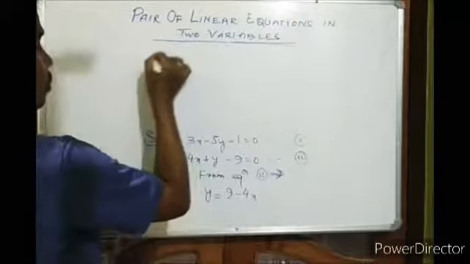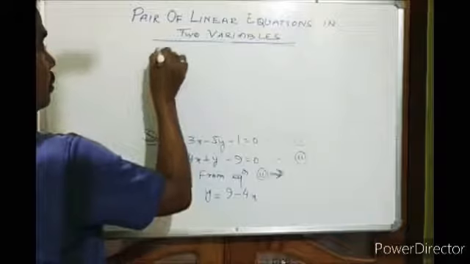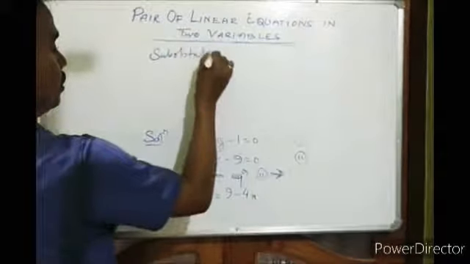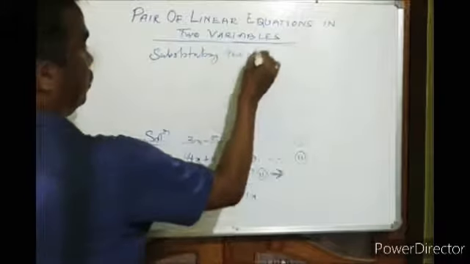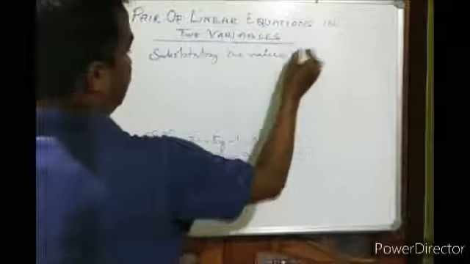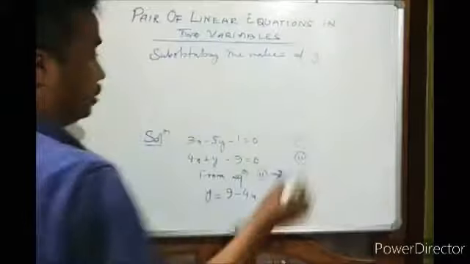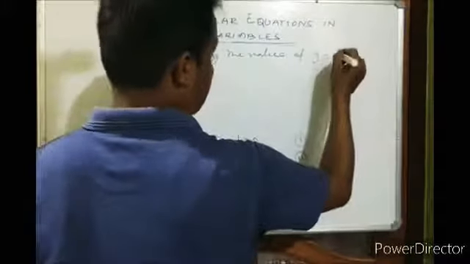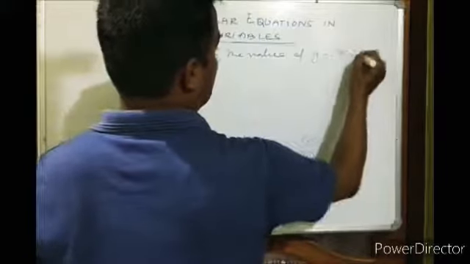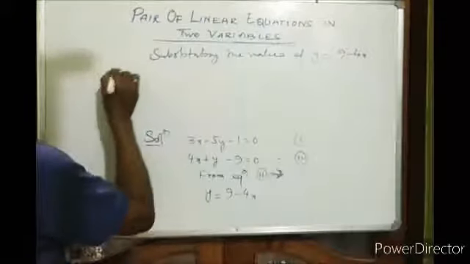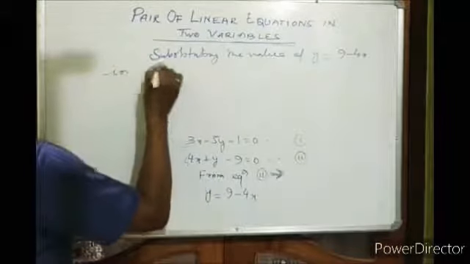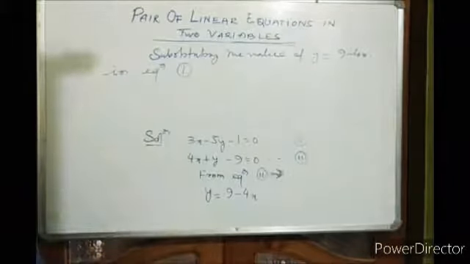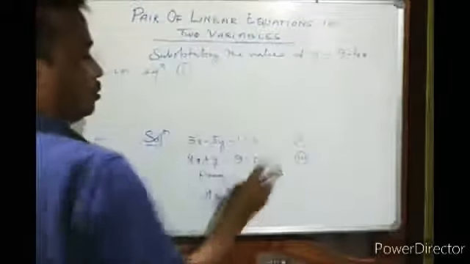So substituting the value of y equal to 9 minus 4x in equation 1, because we have got 9 minus 4x from equation number 2.